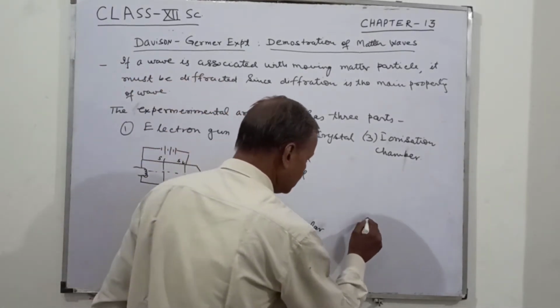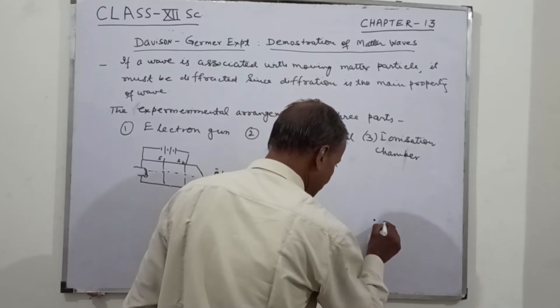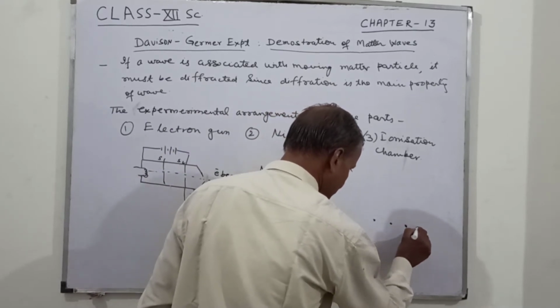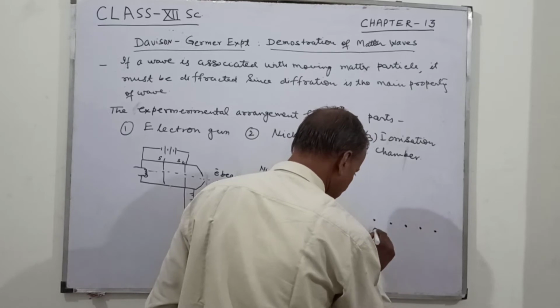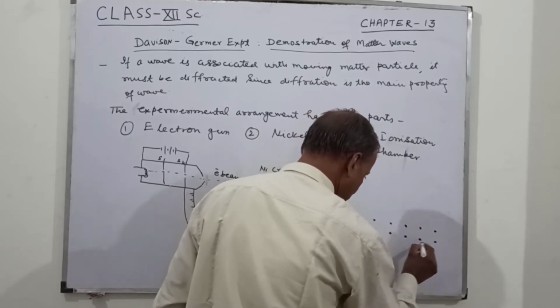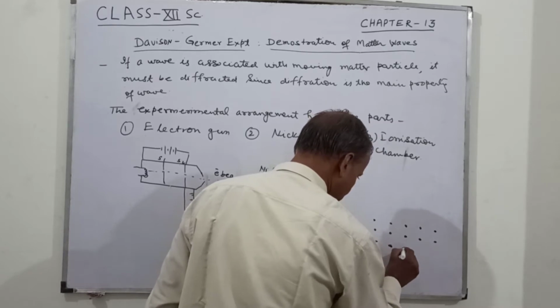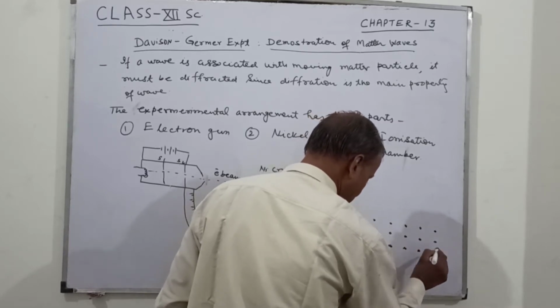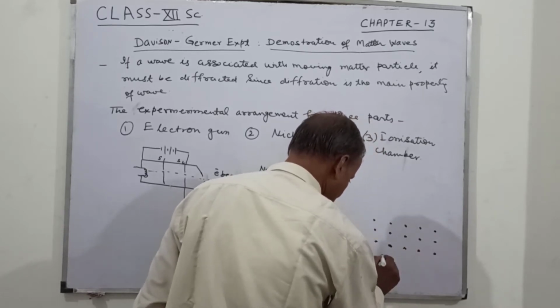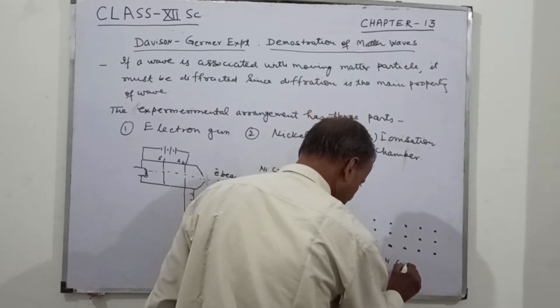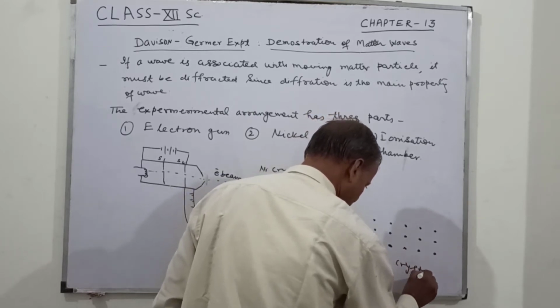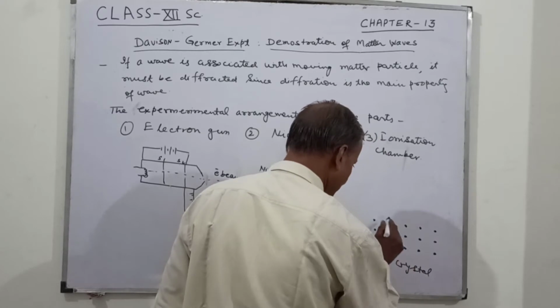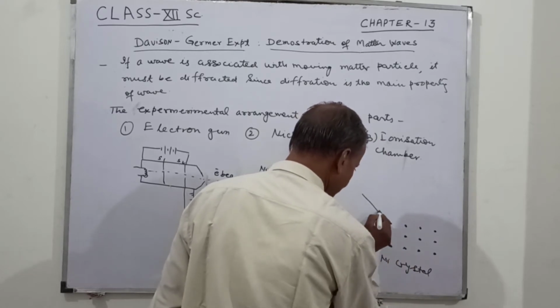Now here the nickel crystal is just like this. Here is the electron beam.